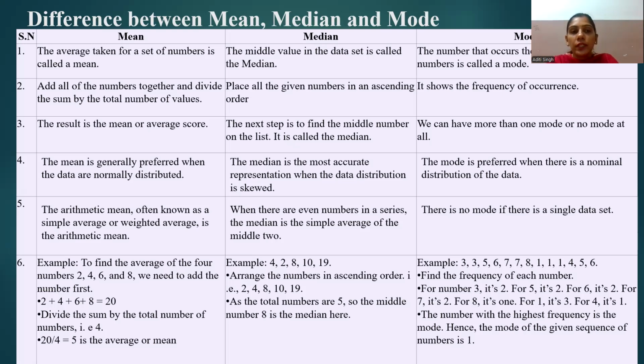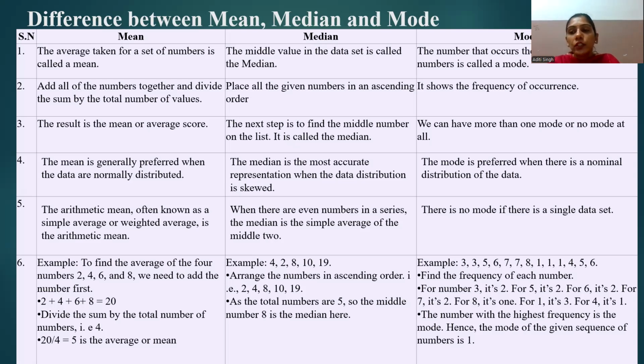When we calculate the mean, the data set on which we are applying the mean formula should be normally distributed. And for median, the median is the most accurate representative when the data distribution is skewed.